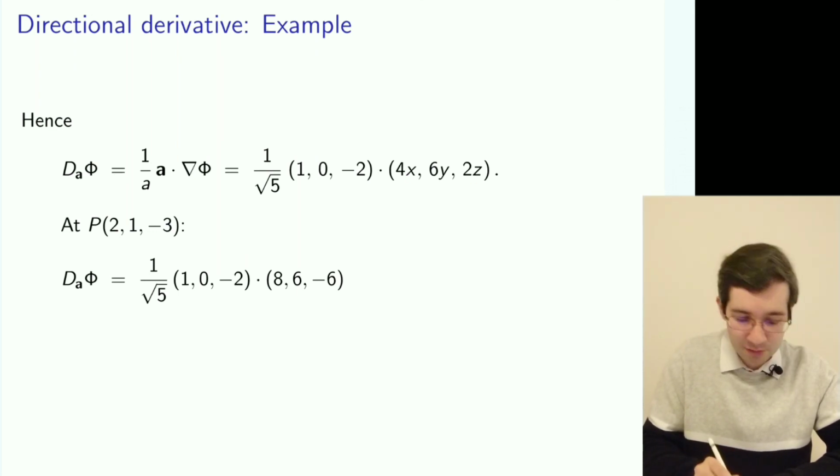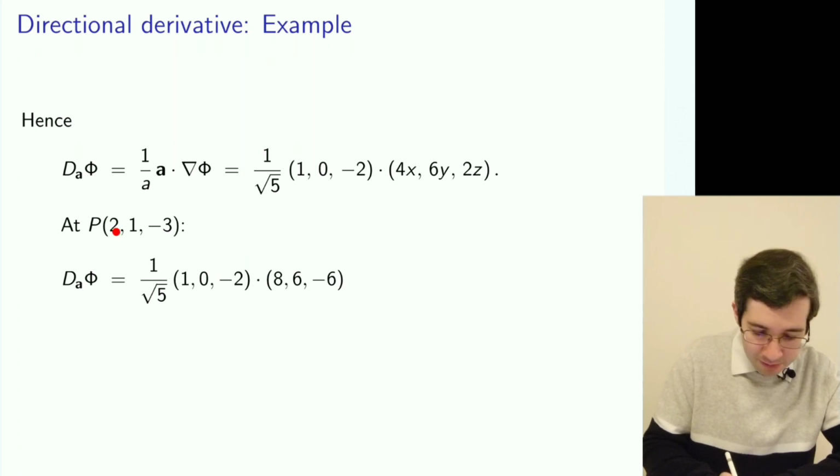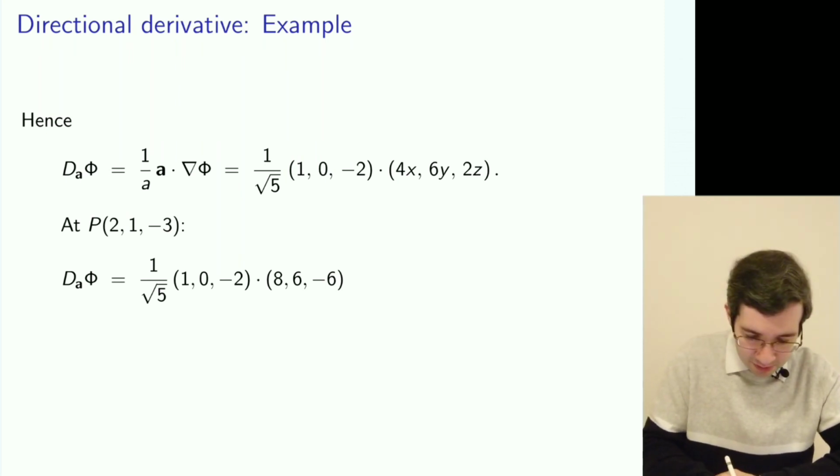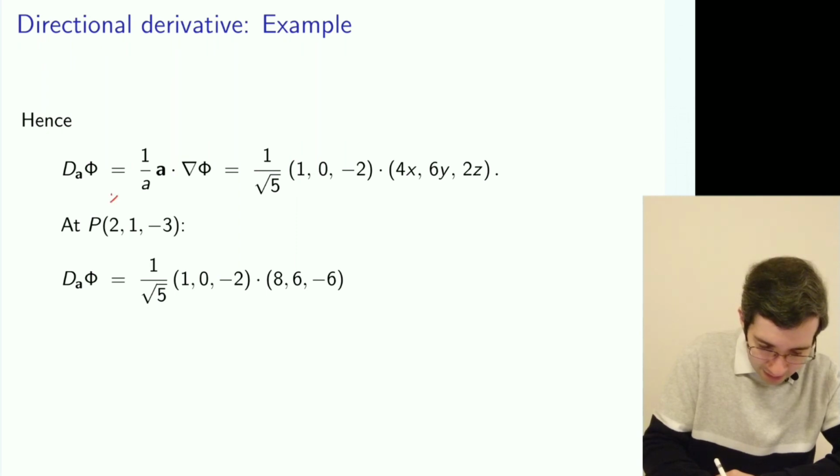So what we do now is we use the values of the coordinates of the point at which we're asked to compute this derivative, and put them inside x, y, and z. So that's effectively saying that x equals to that, y equals to that, and z equals to that.